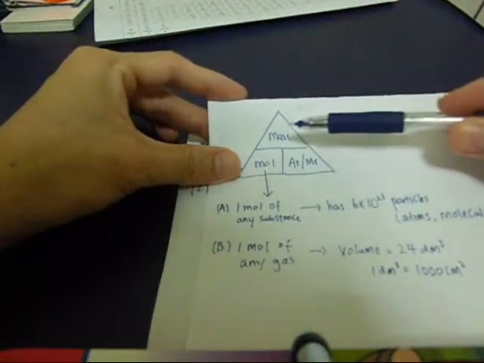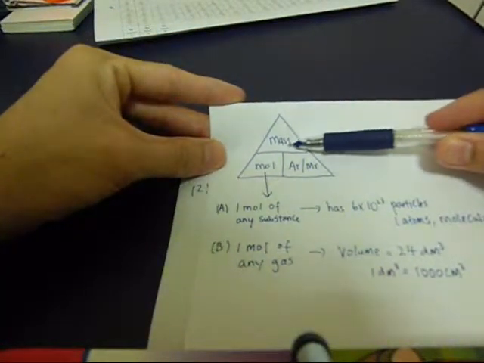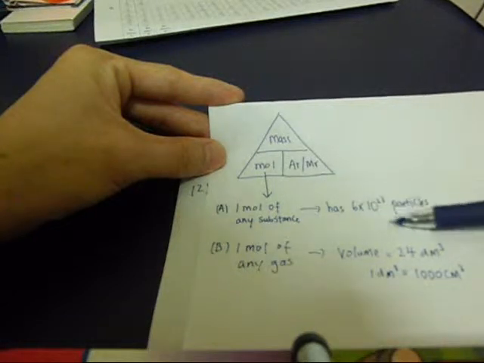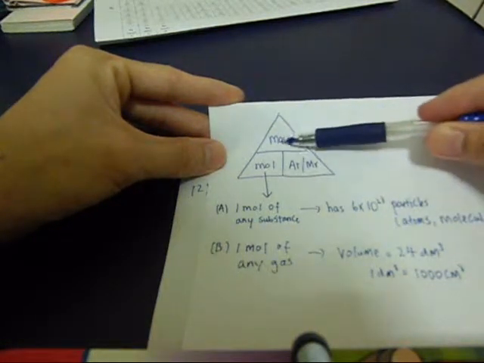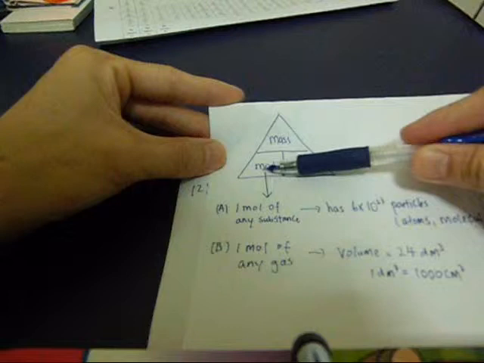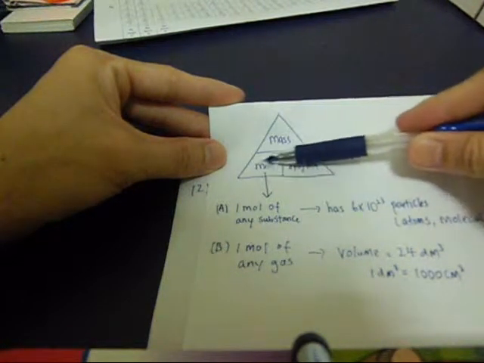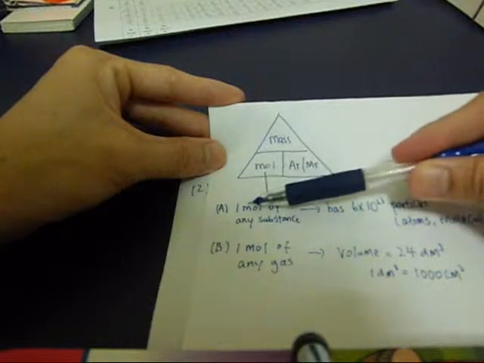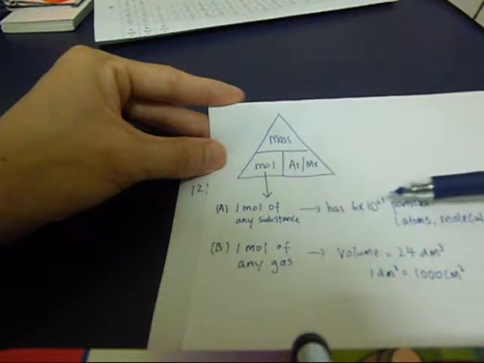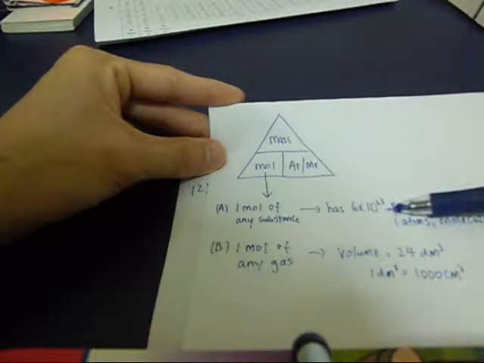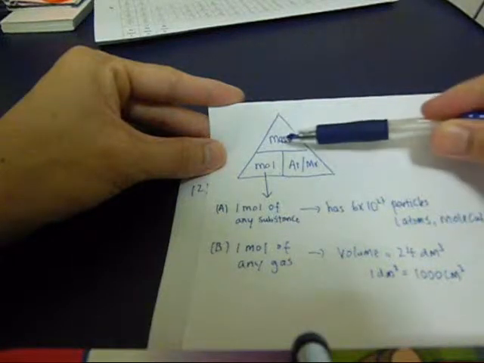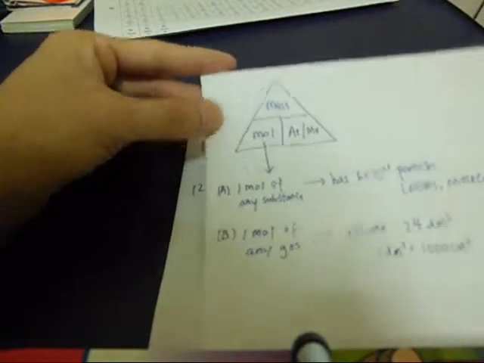You are given mass, you have to find how many particles. So from mass to particles, you have to go through mole, meaning you have to find the number of mole first, because we know that 1 mole of any substance has 6 times 10 to the power 23 particles.